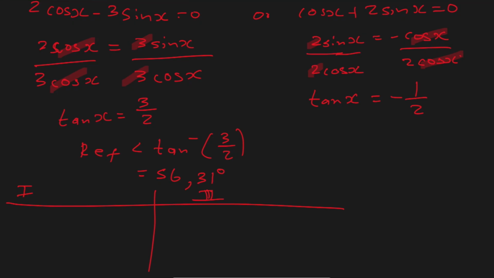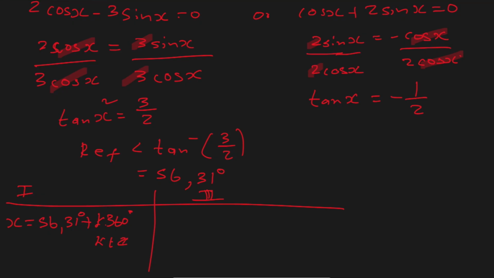We're going to write what we have inside the function, that is x. So we have the reference angle as it is, which is 56.31 degrees, and then we just say plus k times 360, and we know that k is an element of integers. So that is going to be the solution on the first quadrant.